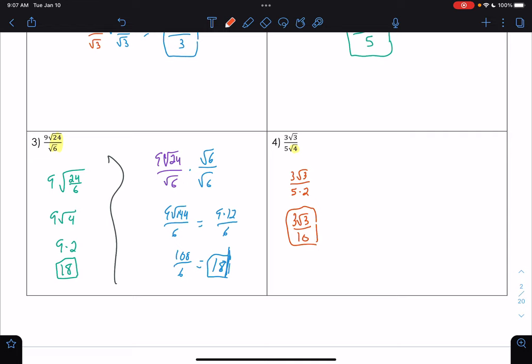We can also, if you'd like, rationalize. It'll take a little bit longer, but that process will still be the same. We can multiply both the numerator and the denominator by square root of 4. So we get 3 square roots of 12 over 5 times 4. Well, square root of 12 breaks down into 2 square roots of 3.